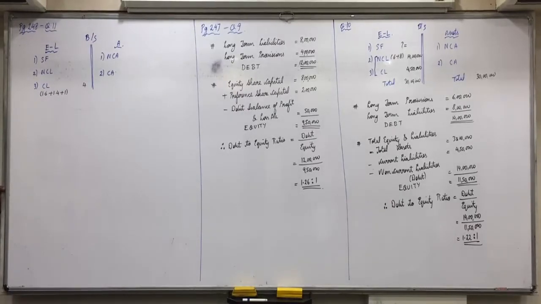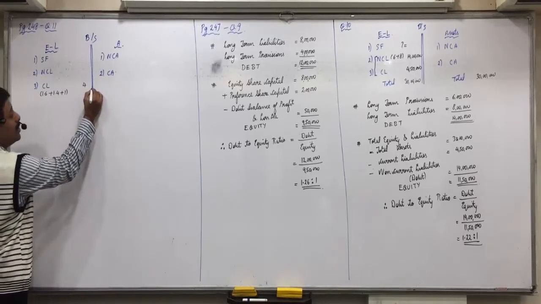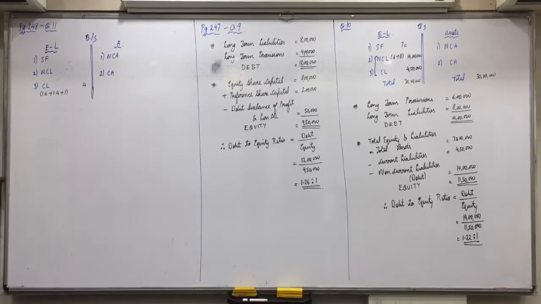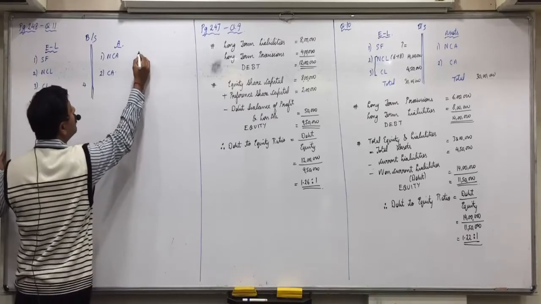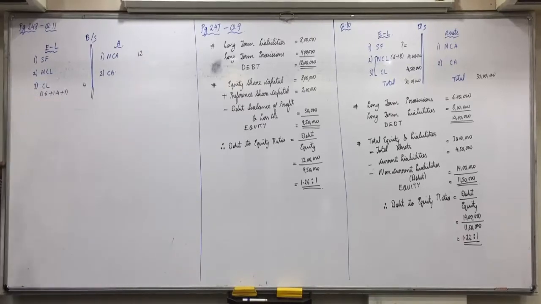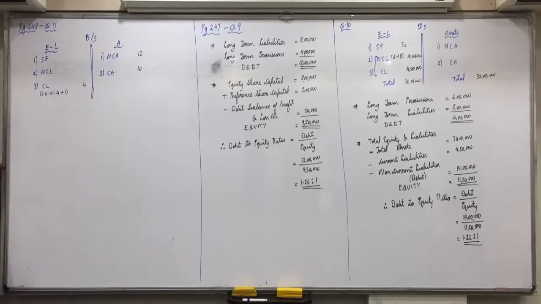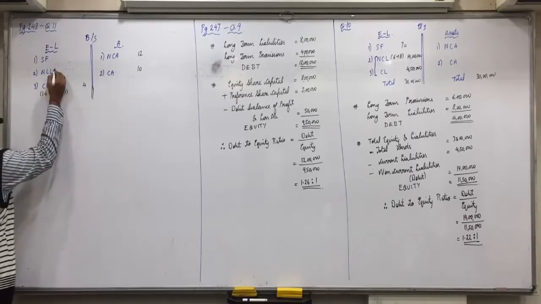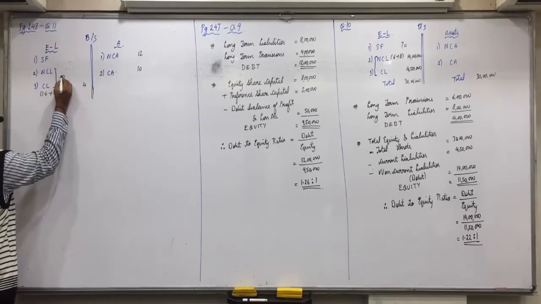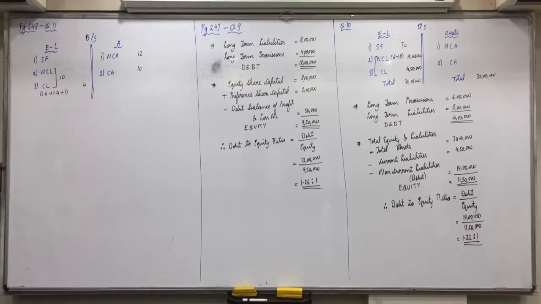Can you see that, everyone? Creditors, bills payable and outstanding expenses, these three are current liabilities, okay? Non-current assets are 12 lakhs. Current assets are 10 lakhs. And what do you mean by total liabilities? Non-current plus current. So total liabilities are given as 10 lakhs.